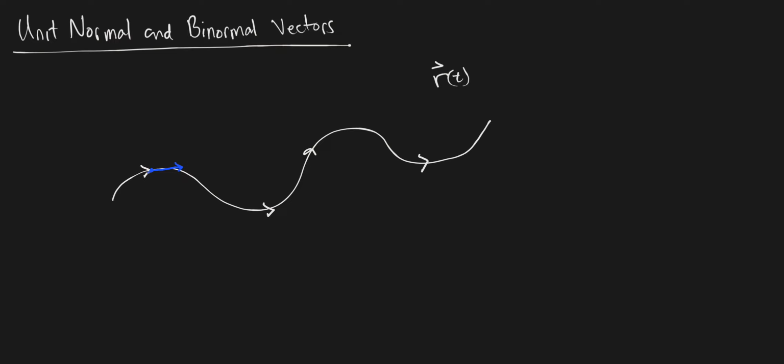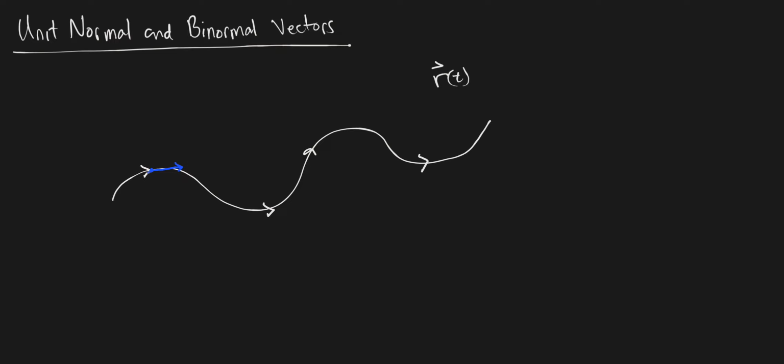Now, the one that we're going to define, because if you think about it, there are basically two vectors that I could draw that are orthogonal to the blue vector. I could draw it this way or I could draw it this way. The one that we're going to define, this one in red, is actually going to point towards the inside of the curve.